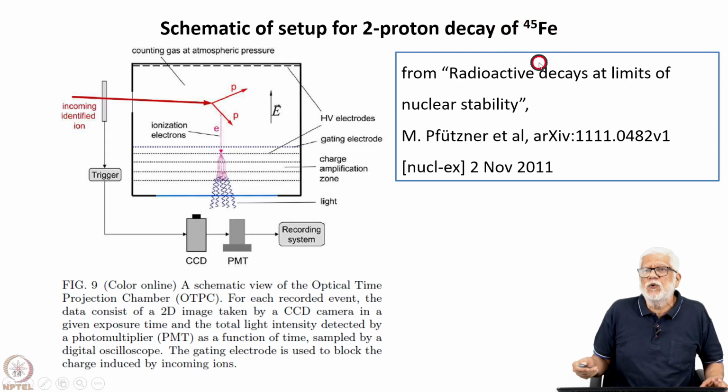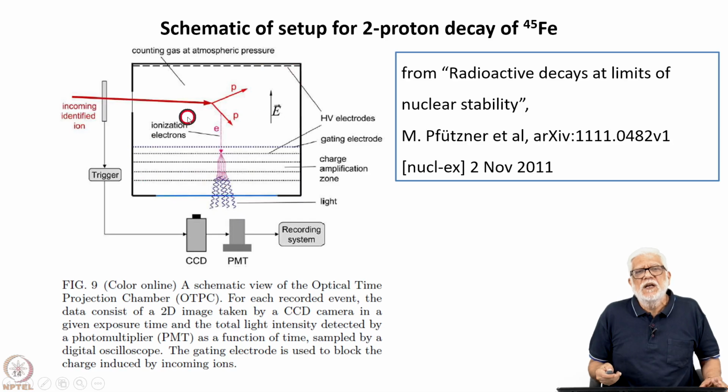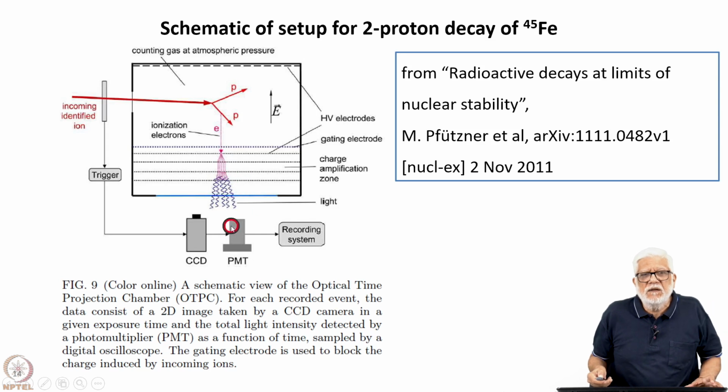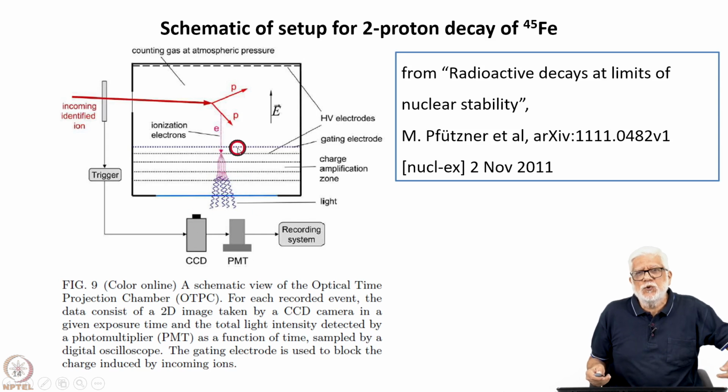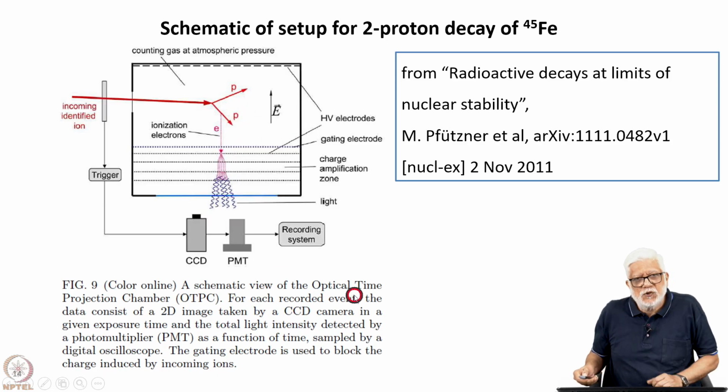This was first found in 2011, where they used a very novel kind of detector, an ionization detector, but also it had a gas which actually scintillated. So, they actually had a camera which took photographs of this, and also it is a fast camera, so you could see the time sequence as well, and then there was a recording system.